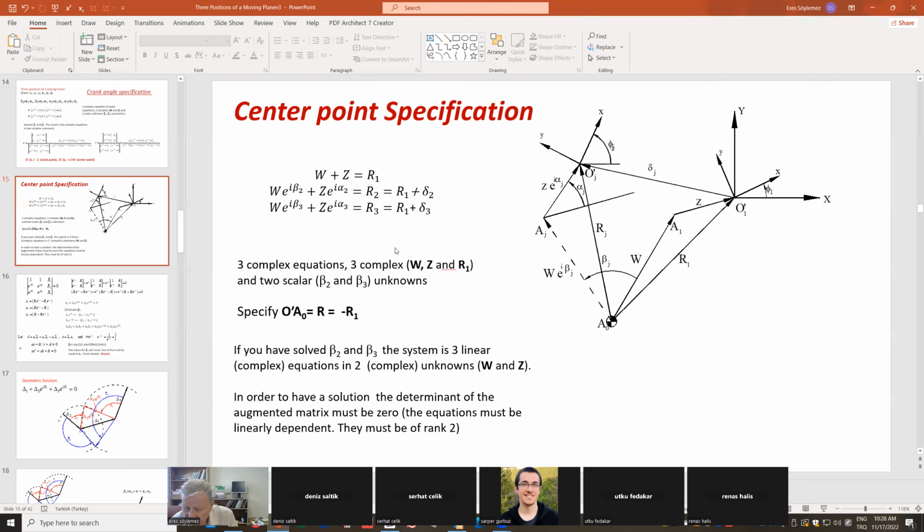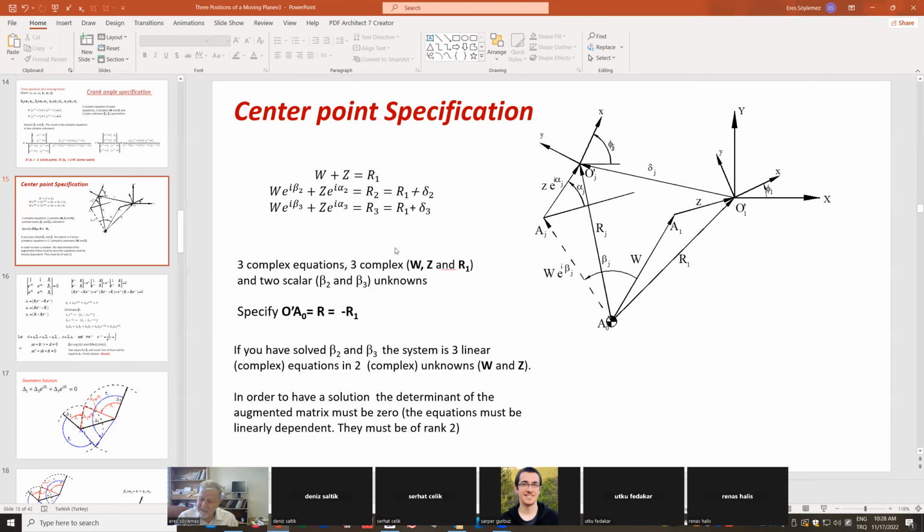And I have 3 complex equations corresponding to 6 scalar equations. So I have 6 scalar equations, 6 scalar unknowns. That means I should be able to solve these set of equations.